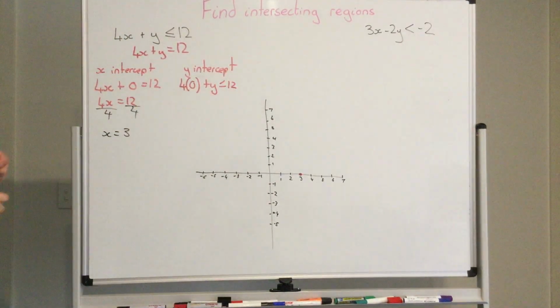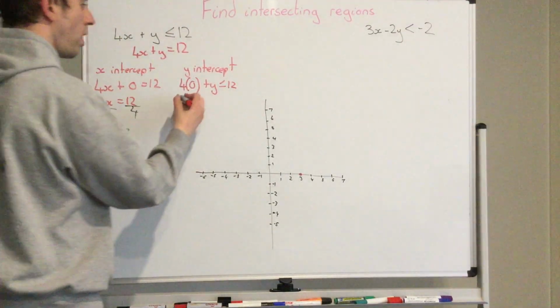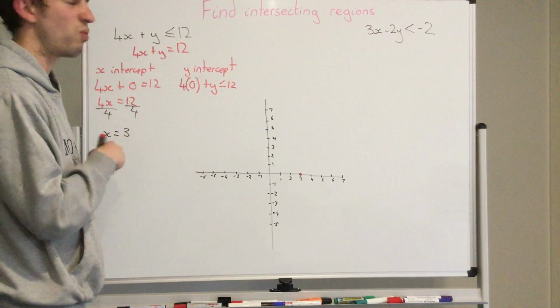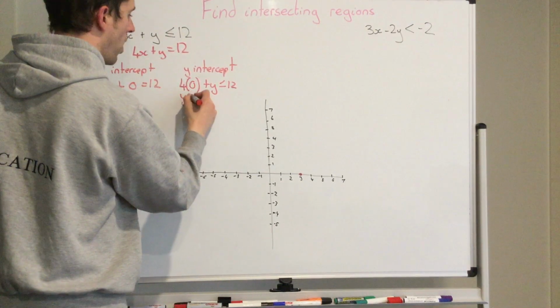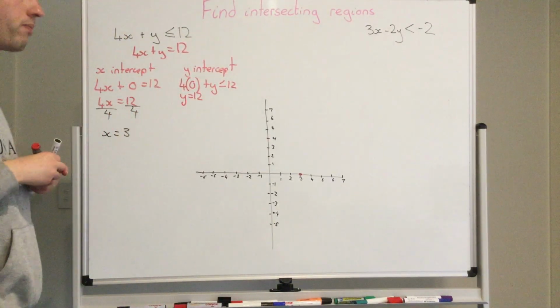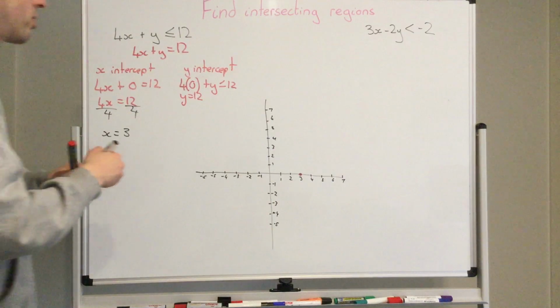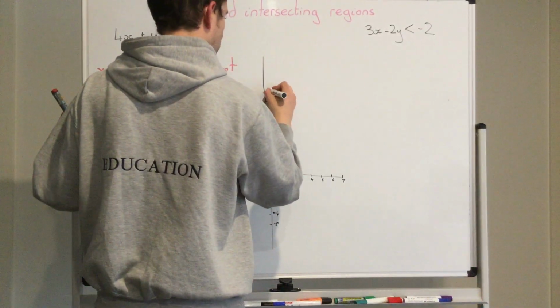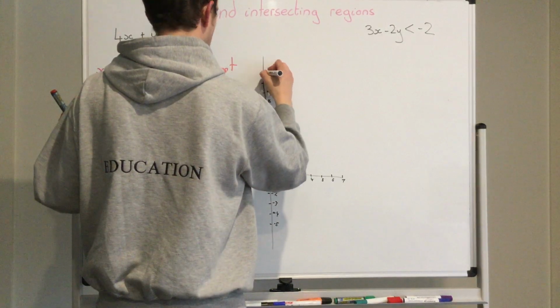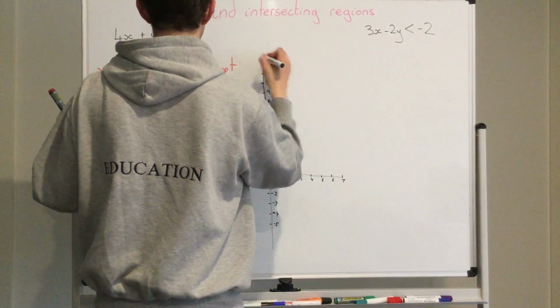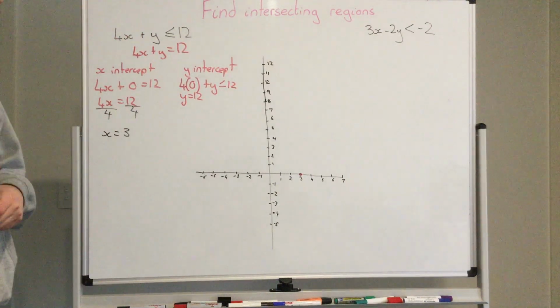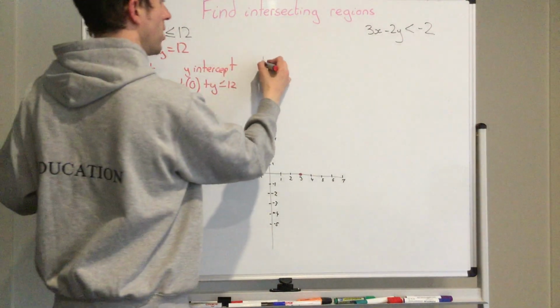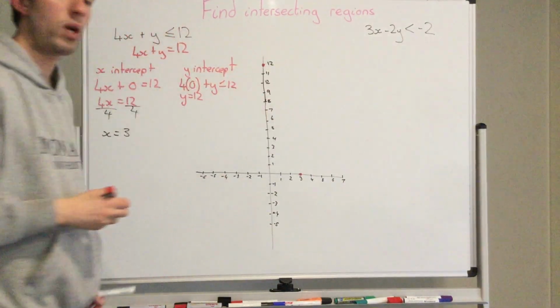That gives me 4 times 0 plus y equals 12, and 4 times 0 is 0, so that tells me that y equals 12. So I'm going to make my graph a bit bigger: 8, 9, 10, 11, and 12. I'll put my little dot right over here on number 12.